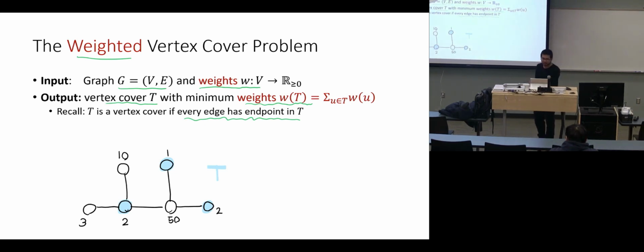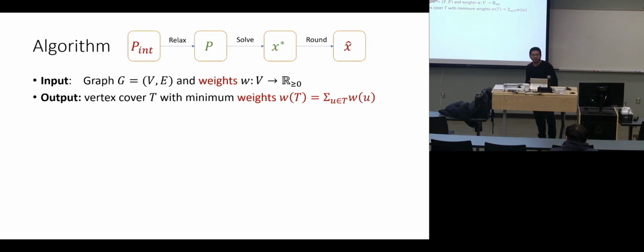Okay, so that's the problem, and let's try to follow this template. The first step is to get an IP formulation. So let's try to do it together. You know that the solution here is just a subset of vertices.